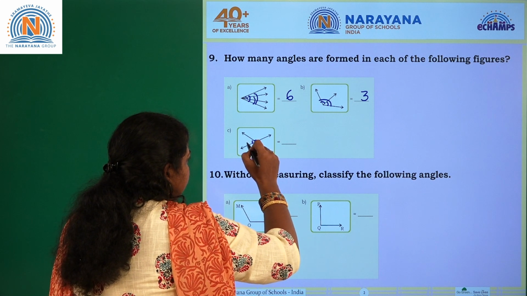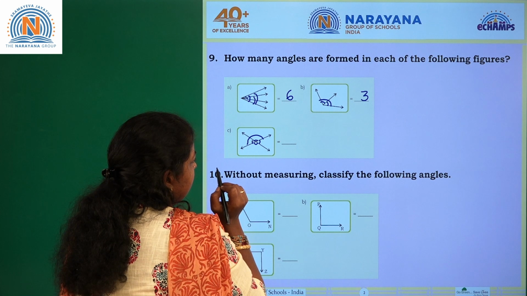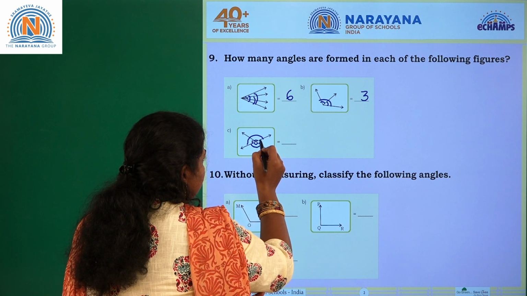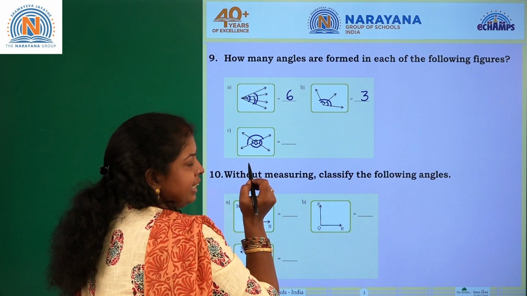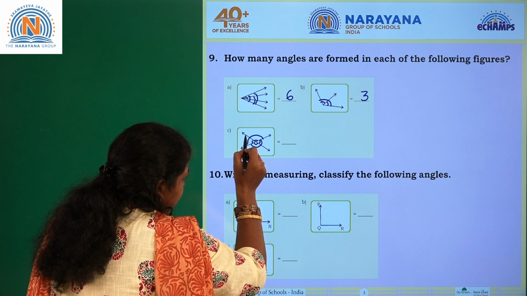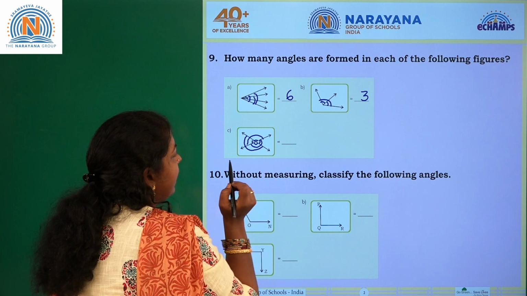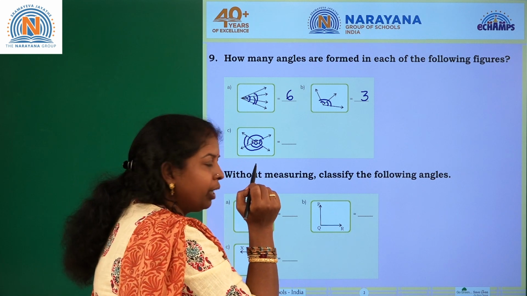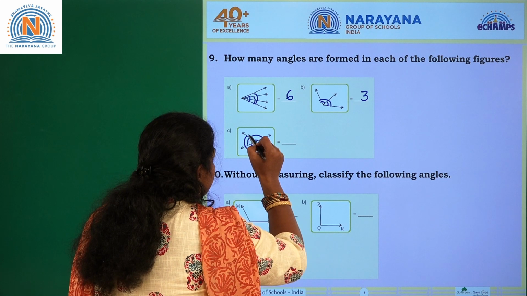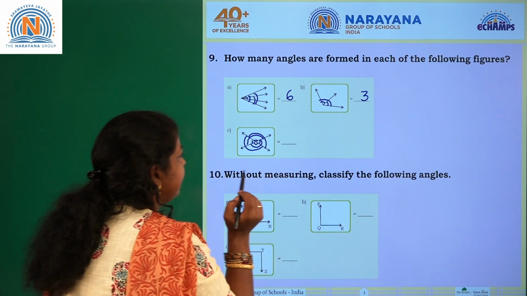And between these two, here I can form one 180-degree angle, and here also again in the same way I can form one more 180 degrees. Now you clearly observe, children, while writing, carefully observe. From here to here I can form one more, and that will become one more 180 degrees, and from here to here I can form one more, that will become one more 180 degrees.